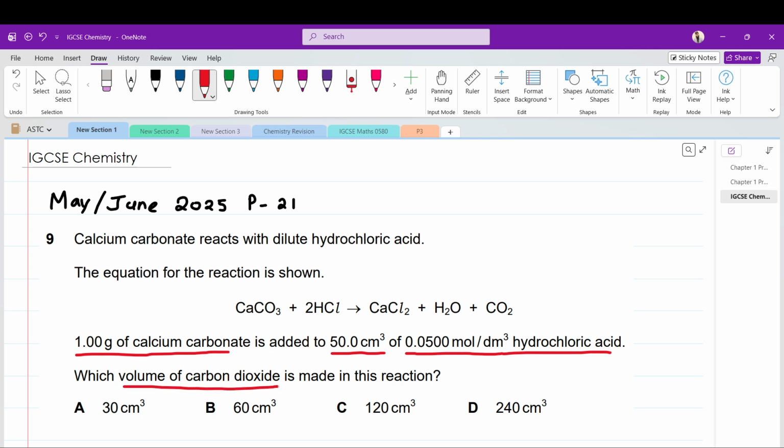So this is the question, and this is the information that is given to you. Here we know the mass of calcium carbonate, here we know the volume of HCl, and here we know the concentration of HCl. Now, first and foremost, what makes this question challenging?